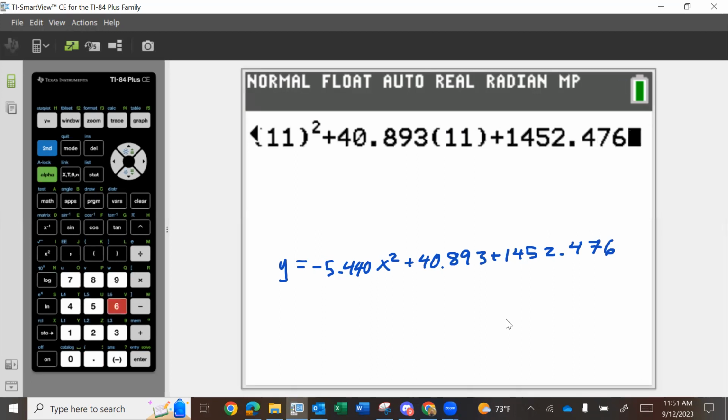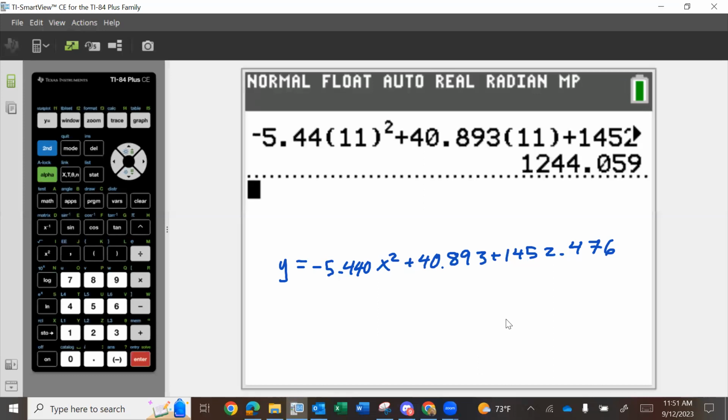I think I typed that all correctly. According to this model, we predict that in the year 2016, there'll be 1,244,000 prisoners. That would be our answer to part B.